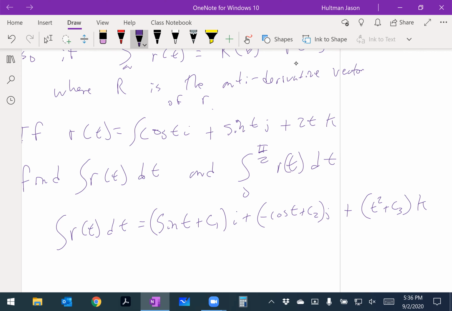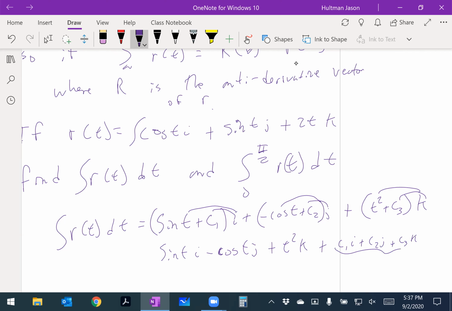I could distribute the i, the j, and the k, and say this is sine t i minus cosine t j plus t squared k, plus c1 i plus c2 j plus c3 k.